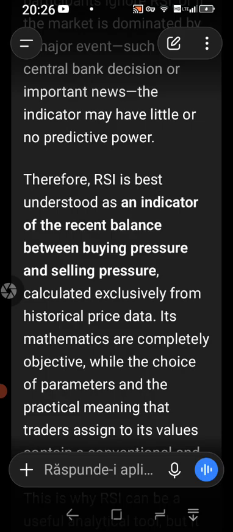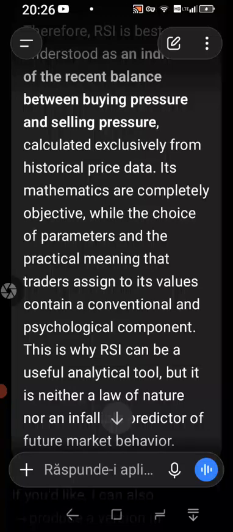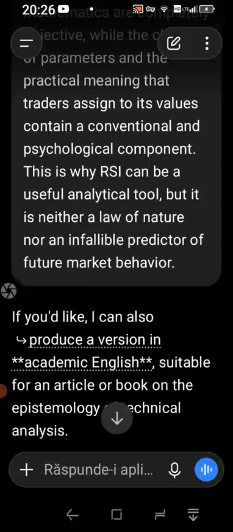Its mathematics are completely objective, while the choice of parameters and the practical meaning that traders assign to its values contain a conventional and psychological component. This is why RSI can be a useful analytical tool, but it's neither a law of nature nor an infallible predictor of future market behavior.